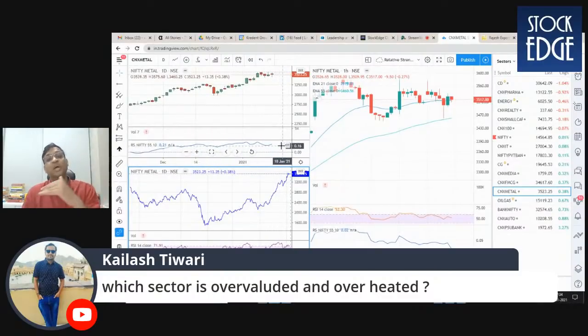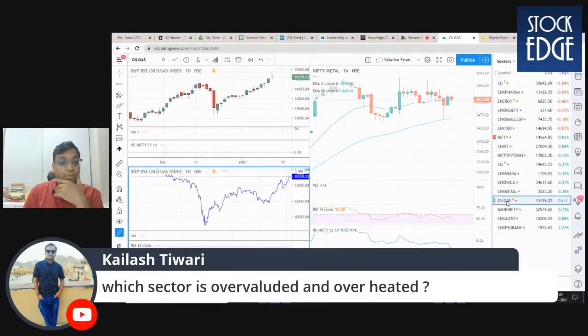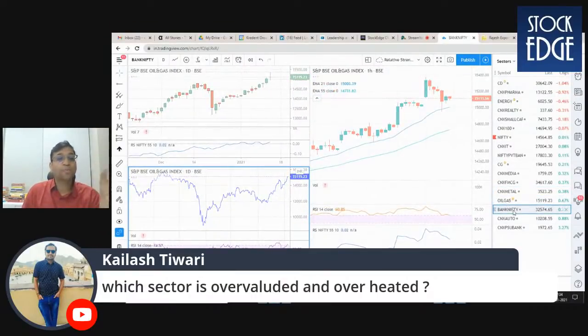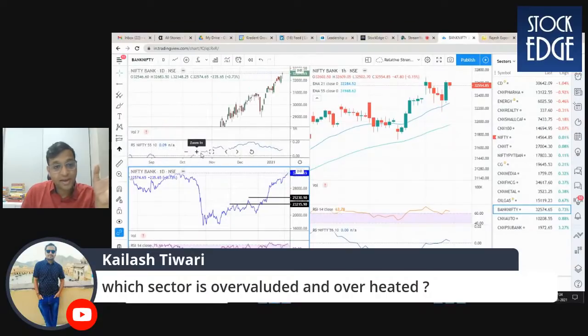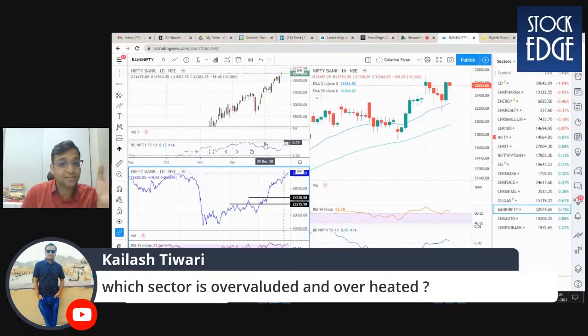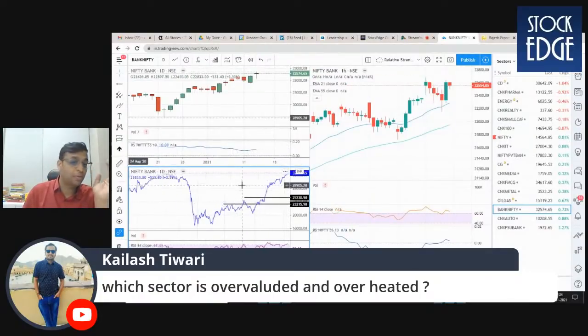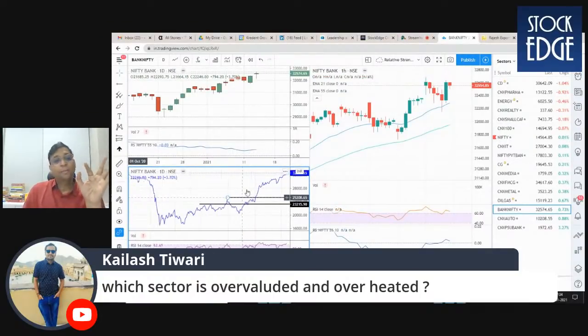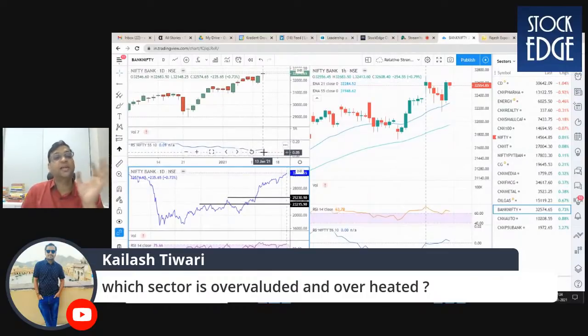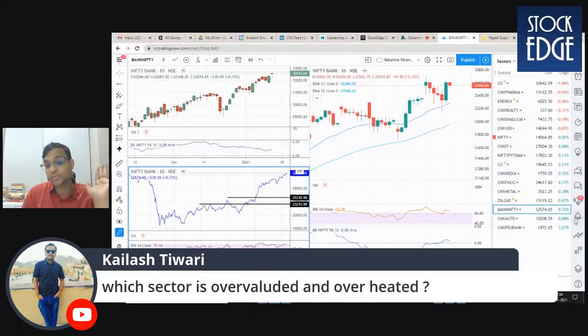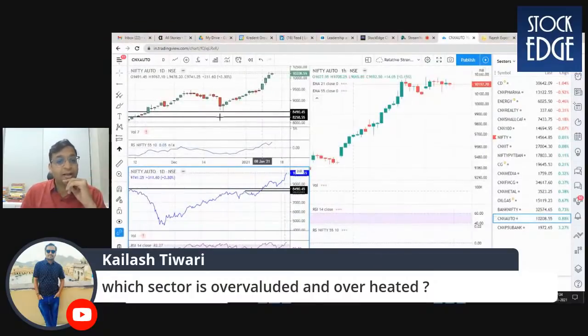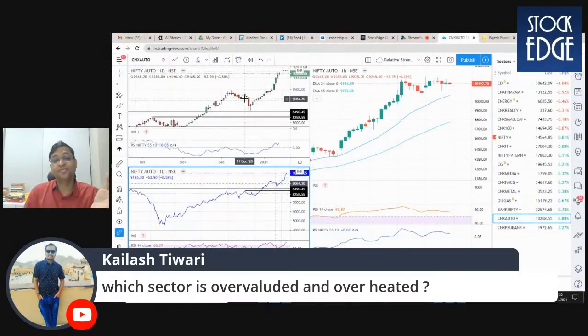If the market goes down, metal can see some correction, but I don't think that correction will be long-lived. They are outperformers and may continue to outperform the market. Oil and gas, not outperformed. Bank Nifty did outperform massively, but now it has given an indication of cooling down. Maybe Bank Nifty can cool down a bit, but it is still an outperforming sector and will continue to outperform because RS is more than 0. Automobile has just started outperforming Nifty.